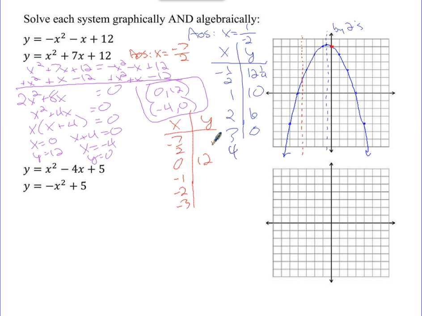Take negative 7/2, plug it in. Just use your brain a little bit. Negative 7/2 squared becomes what? Positive 49/4. Plus 7 times negative 7/2. 7 times negative 7/2 would be negative 49/2.